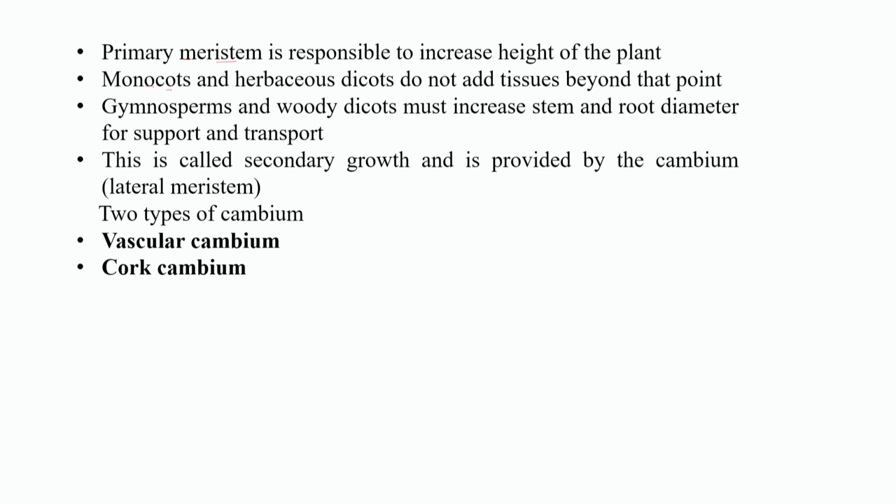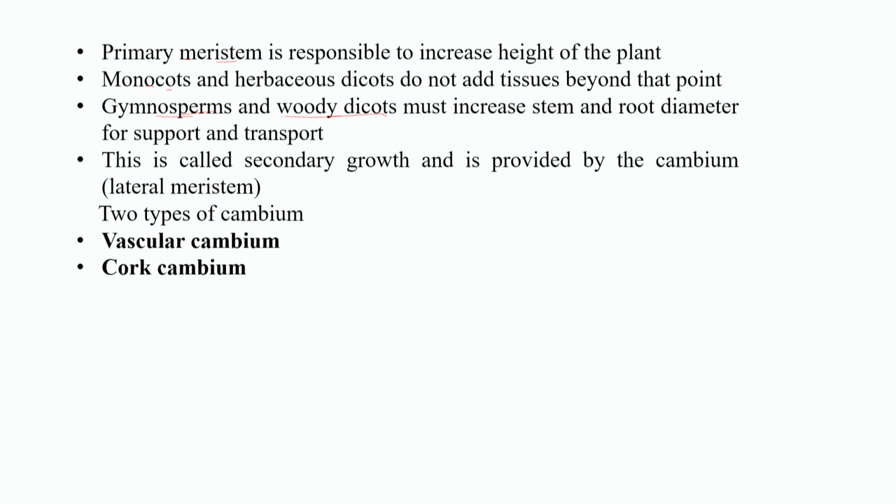But most gymnosperms and woody dicots do. Although we have not discussed gymnosperms, you would have seen pine trees, Cycas, Pinus, and very large trees in hilly areas. They all have very big, broad, rigid stems. Similarly, all woody dicot plants have a very big diameter of stem and root, and this is so because the plant is very big.